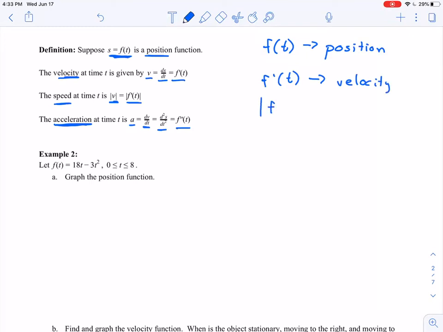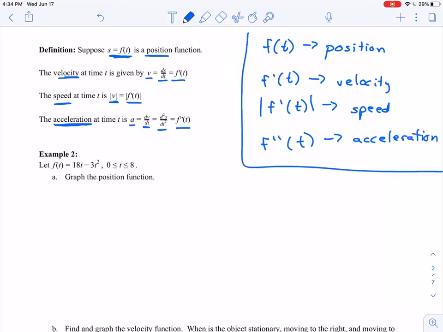The absolute value of that first derivative tells us speed. And the second derivative, f double prime of t, tells us acceleration. So this is going to be a really handy thing to know. This is something I would absolutely have memorized, because we're going to be using them a lot in this section.